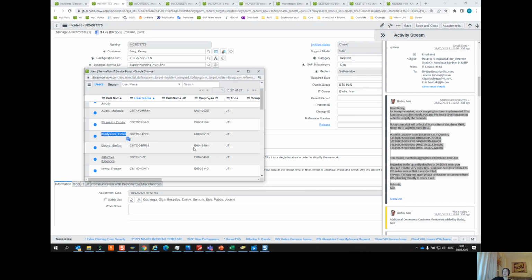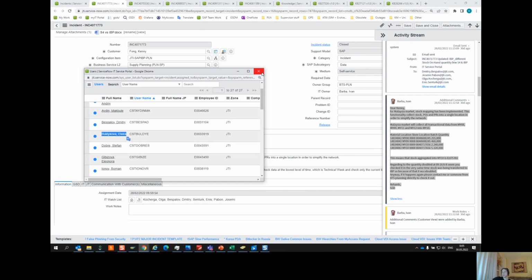I'm not going to mock anybody because, of course, I cannot be sure, but I don't have the confidence that if Elvira would check this incident for supply, she would be able to come up with a solution because it is just not her area.